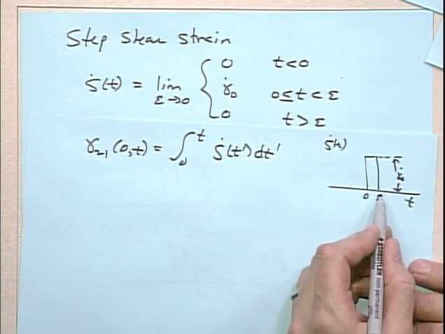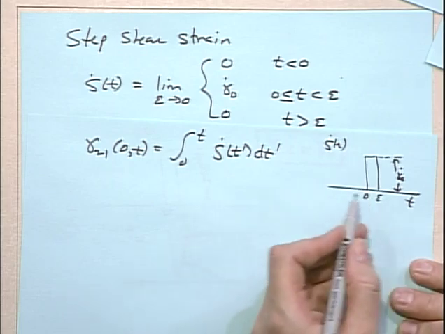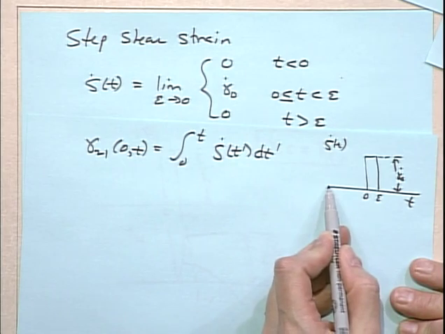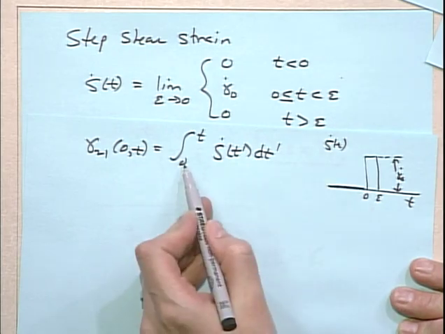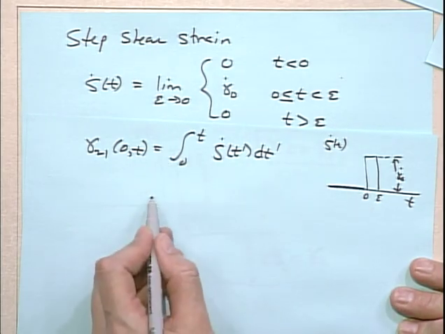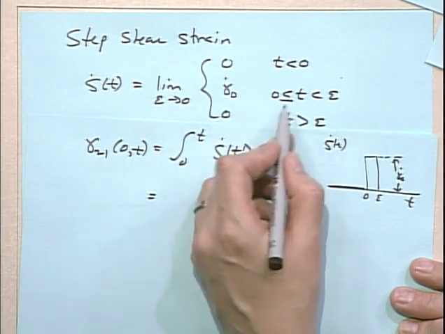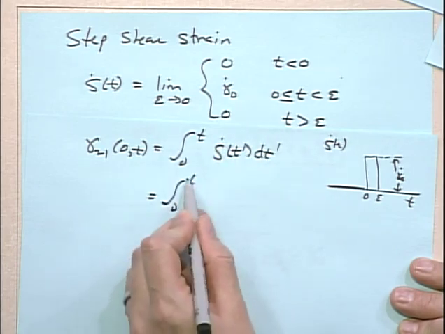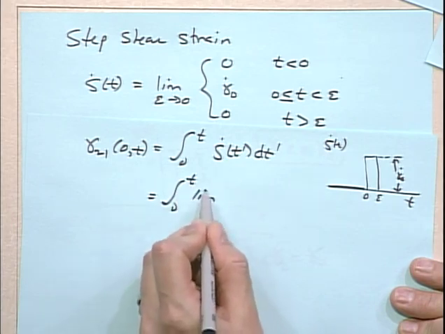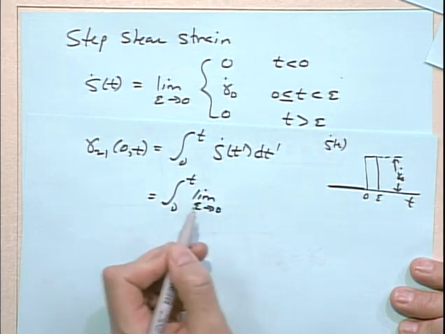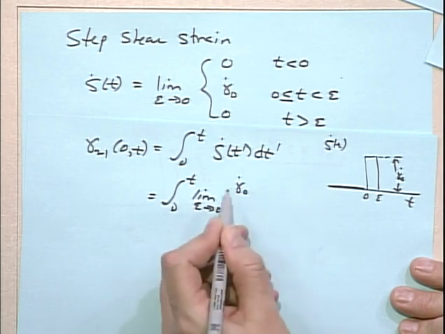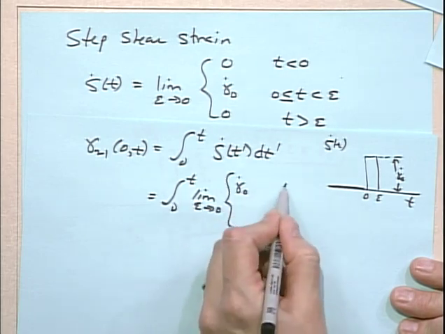I guess we can do it formally, right? We know what the function is for time t less than 0, which we don't care about because our integral just goes from 0 to t. So we can just use these final two terms. This is the integral from 0 to t of the limit, epsilon going to 0, of gamma dot naught for t prime.